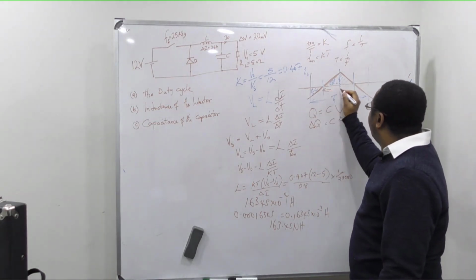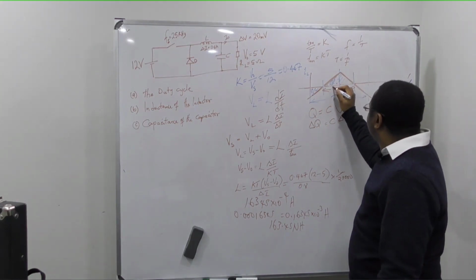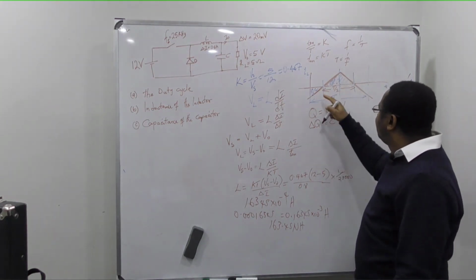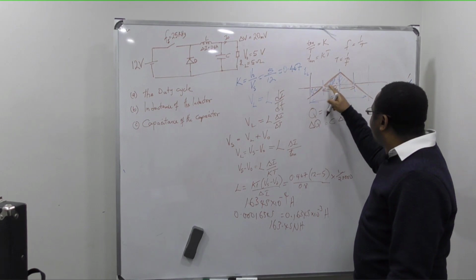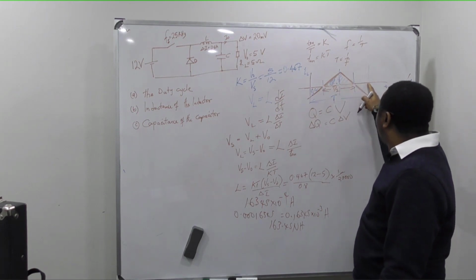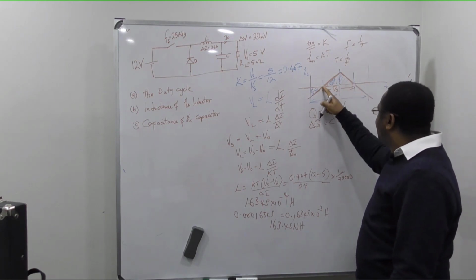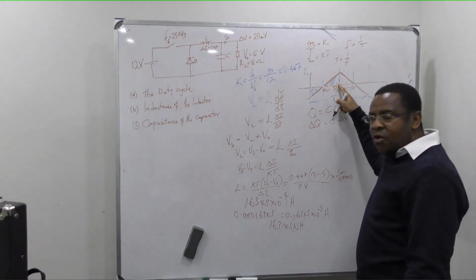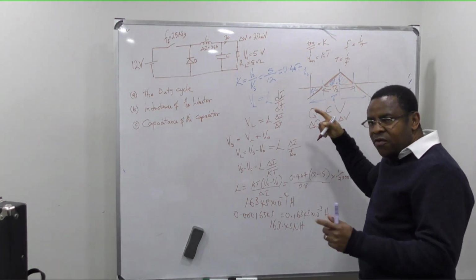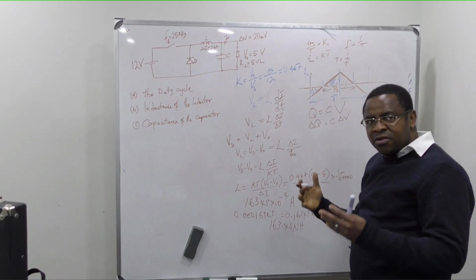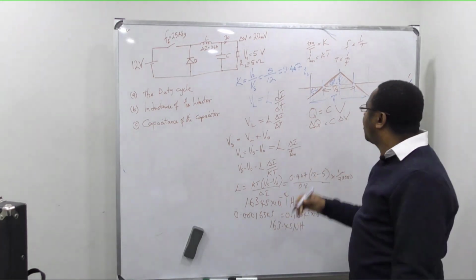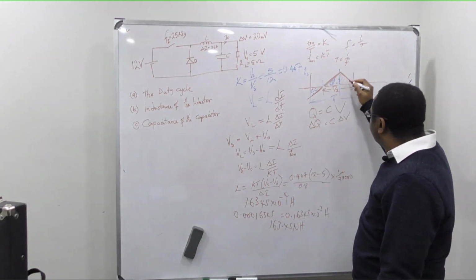So from here to here is period over 2. Why? Because this is period over 4 plus period over 4 plus period over 4 plus period over 4, which is period. So that means from here to here is period over 4. Here to here is period over 4, which is altogether period over 2. Okay, so I'm going to use this to now calculate.